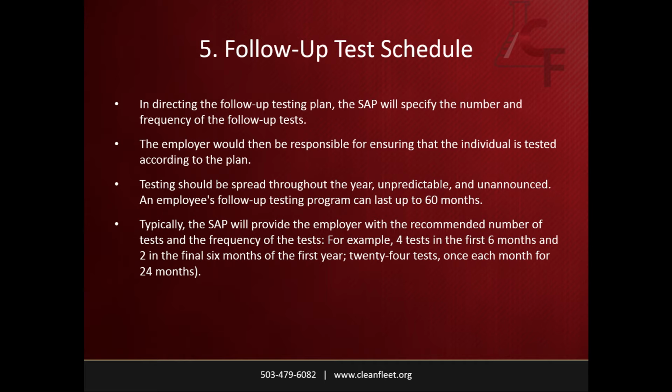It's going to be direct observed collections no matter what. And this includes a procedure for ensuring the employee does not have a prosthetic or any other device designed to carry clean urine or a urine substitute. So if there's any way that's going to be cheated, this process of the observed collection, they're going to make sure it's good to go.